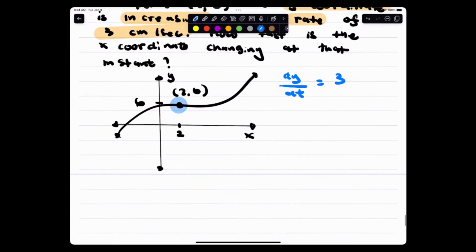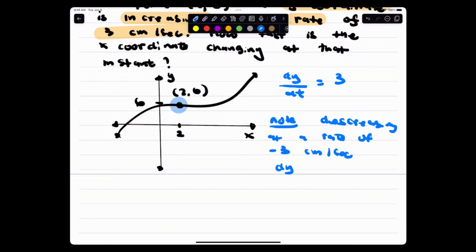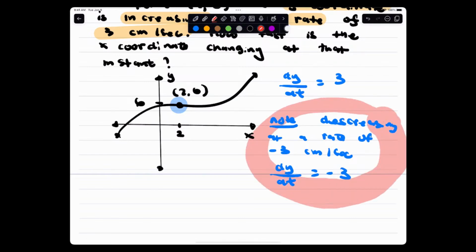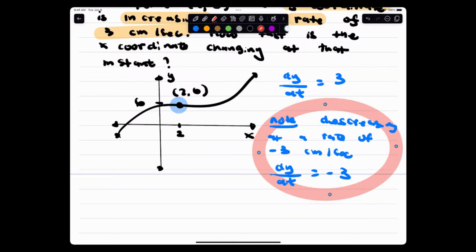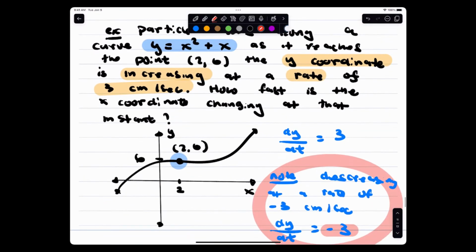So I want you guys to note this here, okay? Put that in your notes. What if they say decreasing at a rate of negative 3 centimeters per second? If they said that, they didn't, dy/dt would be negative. I'm just going to put this in our notes, because decreasing is a negative value, okay? You guys okay with that? Just want to make sure, because you never know.